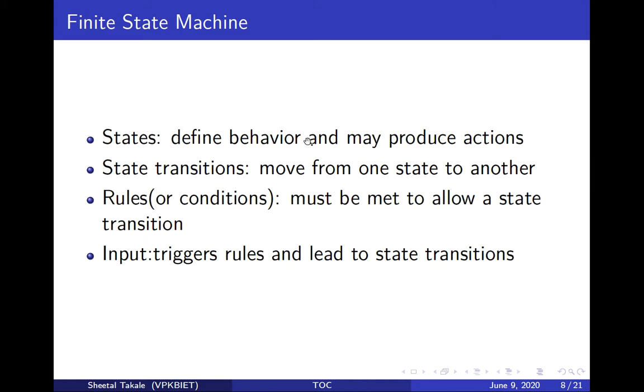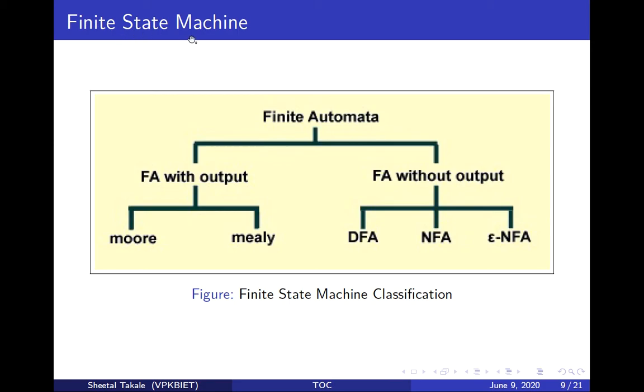So states define behavior. State transition is about moving from one state to another state. There is a rule to be followed for state transitions, and input triggers the rules. Finite state machines are categorized as follows. Finite state machine is either FA with output or FA without output.